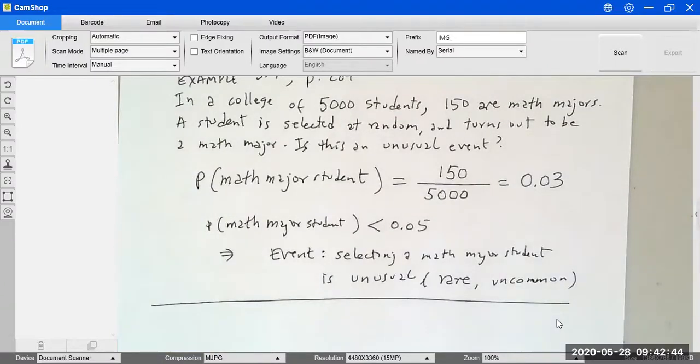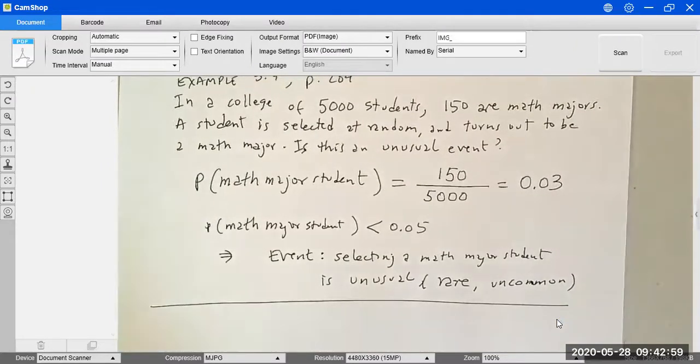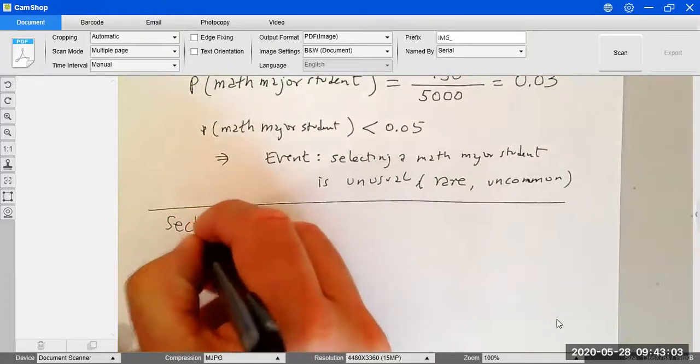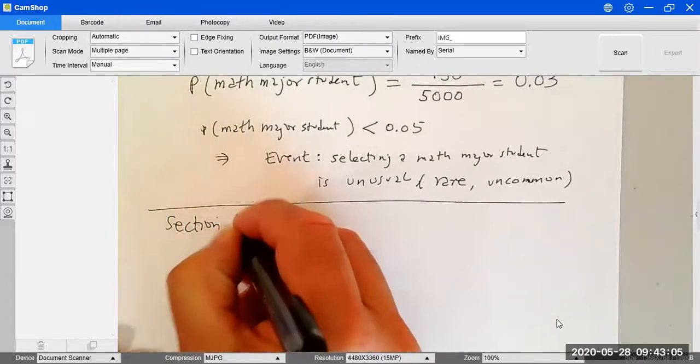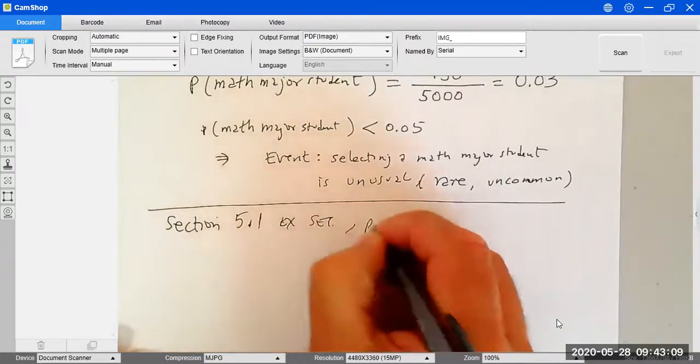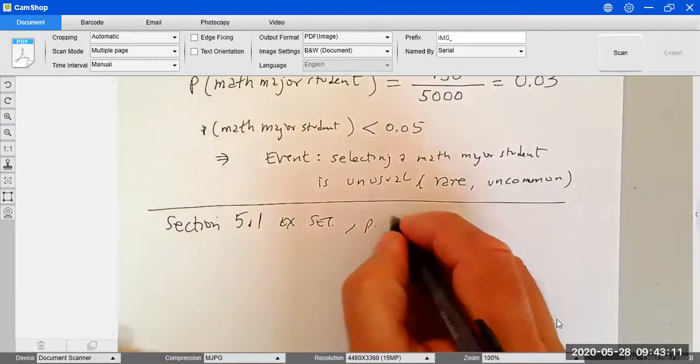These problems are on page 213 of your book. You're going to solve from section 5.1 exercise set on page 213.